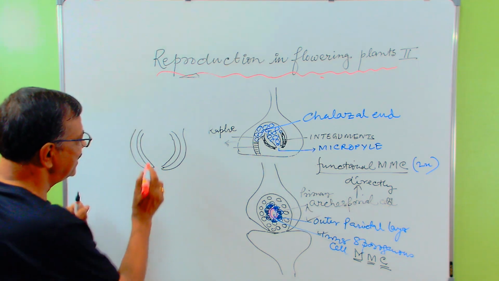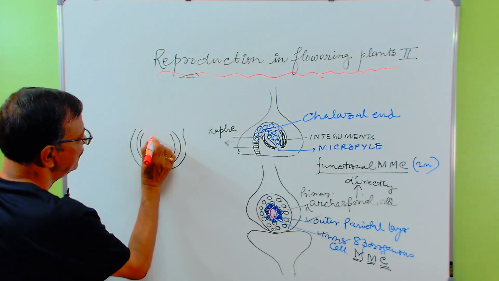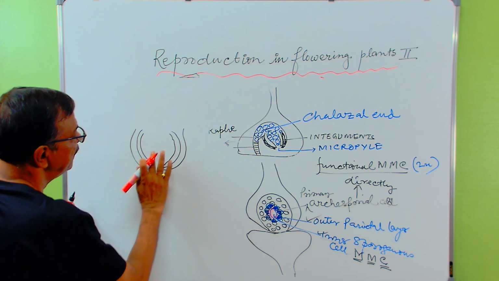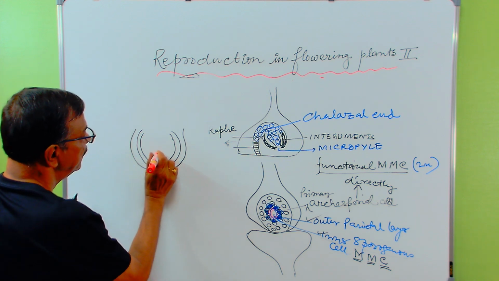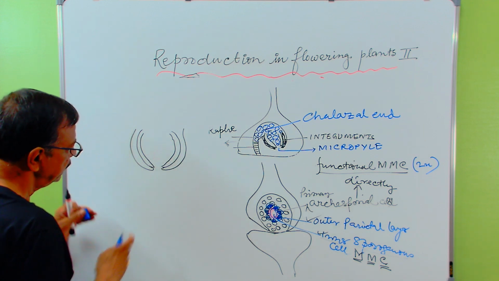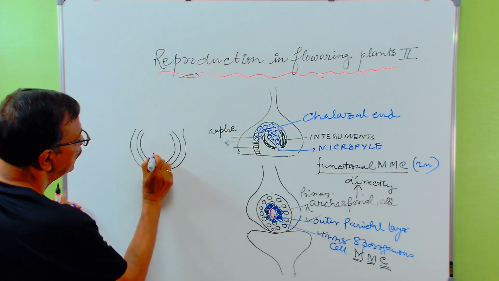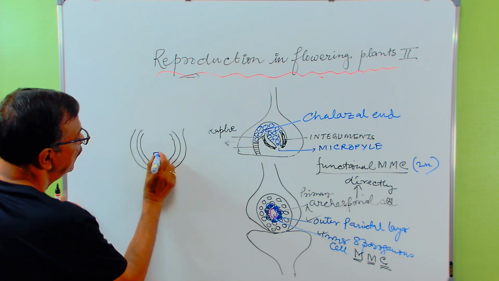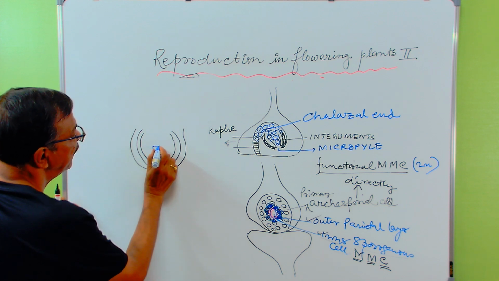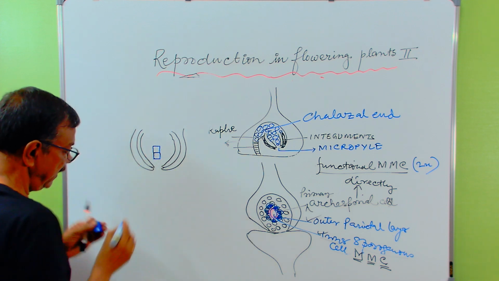The megaspore mother cell here divides into two.